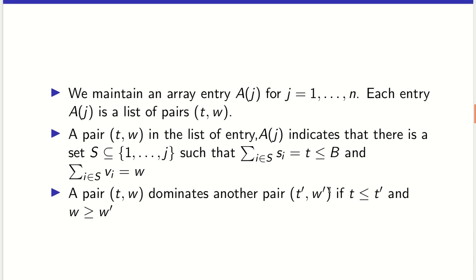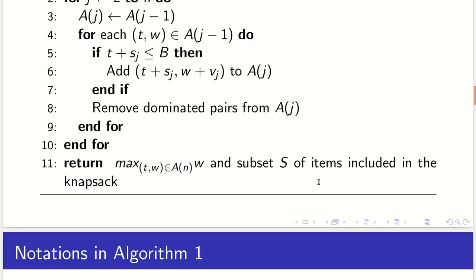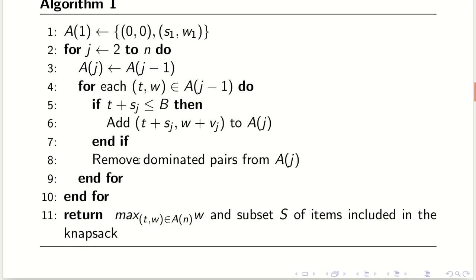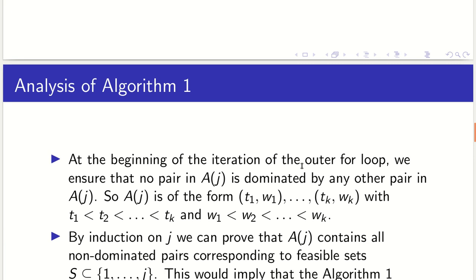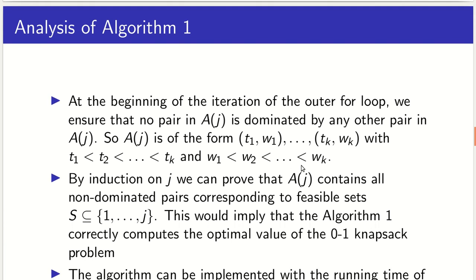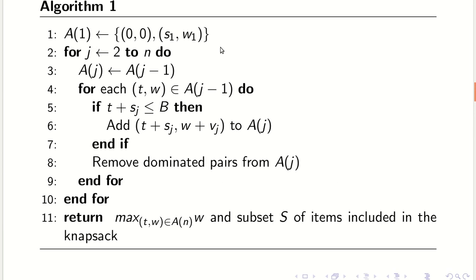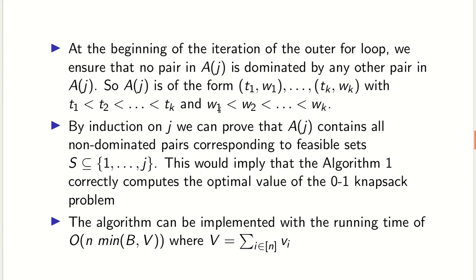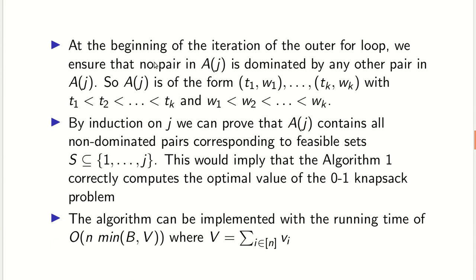So basically this pair dominates this pair, so this pair becomes a dominated pair, and we remove all such pairs from A_j. So at the beginning of an iteration of the outer for loop, at this point, we have no pair in A_j which is dominated by any other pair in A_j.